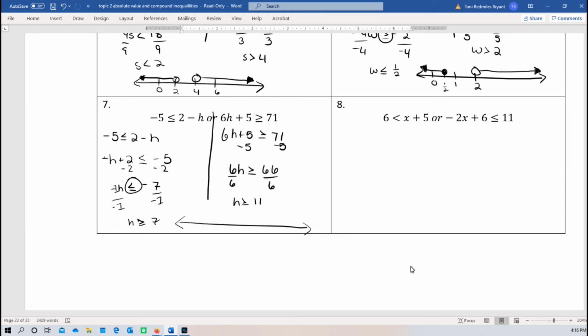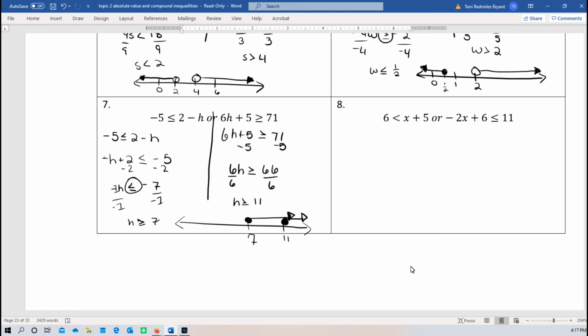Now, hold on, let me look at this. Yeah, this one's going to be odd, and I'm going to show you. Okay, this one was odd. H is everything greater than or equal to 11, and 7 is everything greater than or equal to 7.